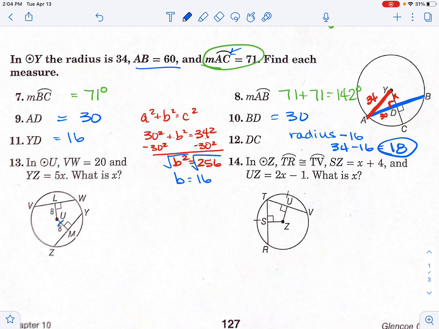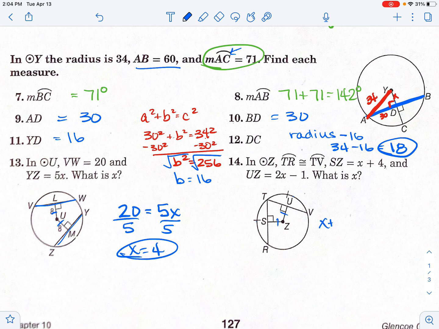So because these are congruent, these are congruent. So 20 is equal to 5x. To solve this for x, we're going to divide both sides by 5. X equals 4. So because these are equal, these are equal.